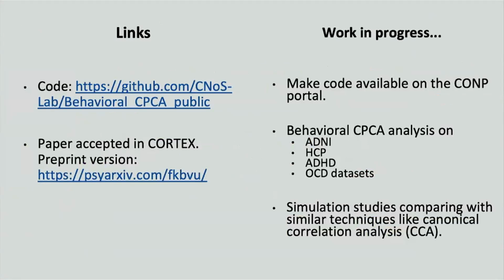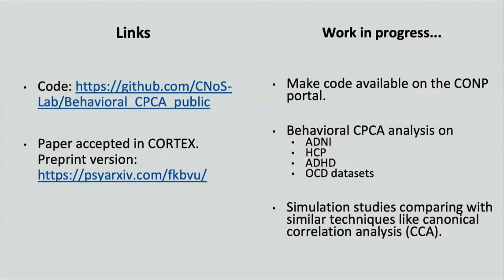All the links for the code are available on GitHub, and we also wrote a manuscript on this, which has been accepted in Cortex, but an open source version of that is also available on an open source archive server.